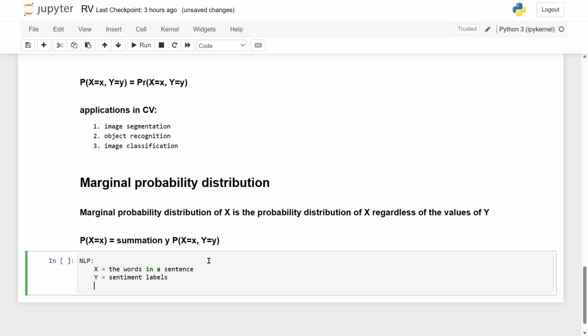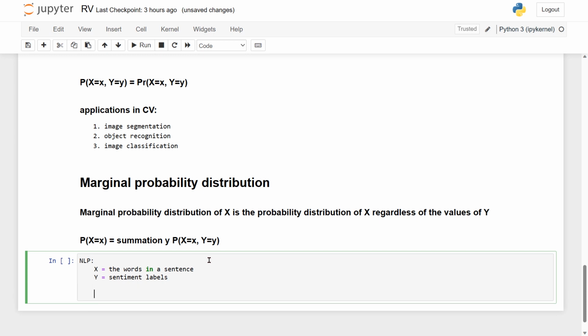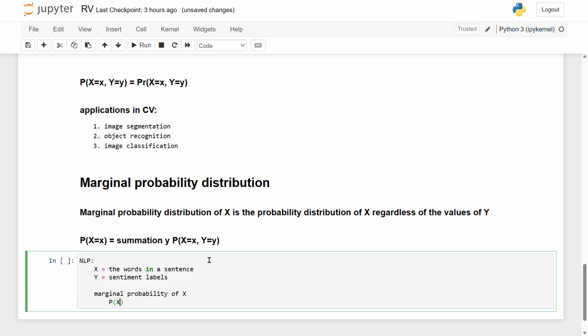Now the marginal probability of X, which we show as P of capital X, is equal to the sum over y of P of X comma capital Y equals y.